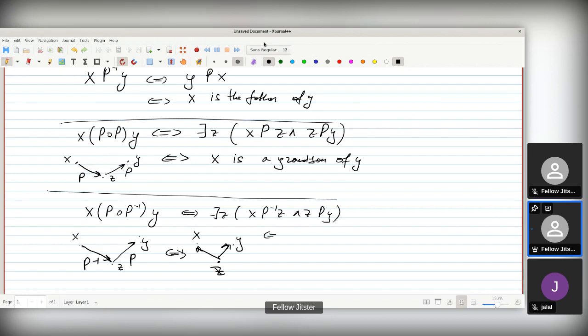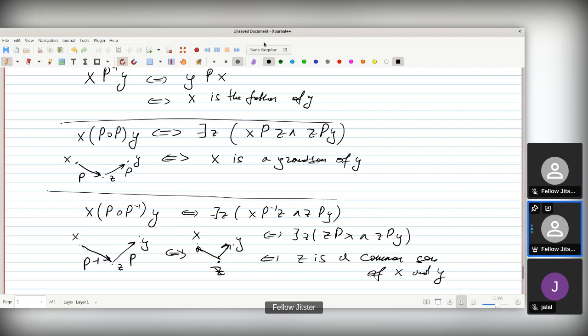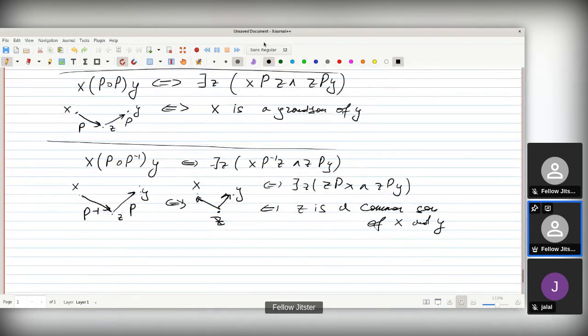How is it possible? What does it mean? He's a common son of x and y. How is it possible? How can one have two fathers?